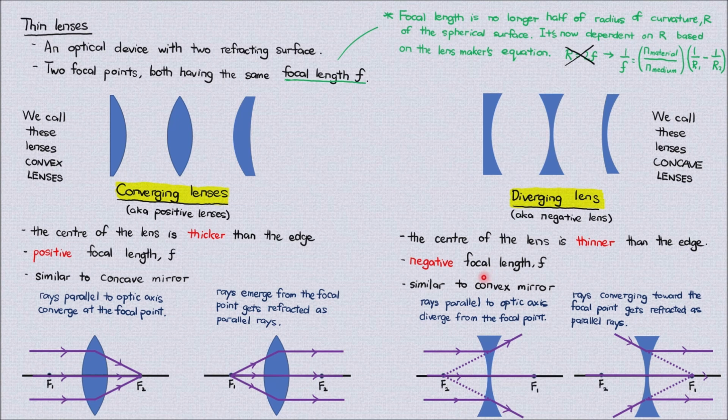Later I will move on to talk about the image characteristics, and you may try to compare it with the convex mirror. Again, you see that parallel rays come in and diverge from a focal point which is in front of the lens. Whereas if you have light rays trying to converge towards a point behind the lens, they get refracted to be parallel to the optic axis. So these are characteristics of converging lenses and diverging lenses, also known as convex lenses and concave lenses.